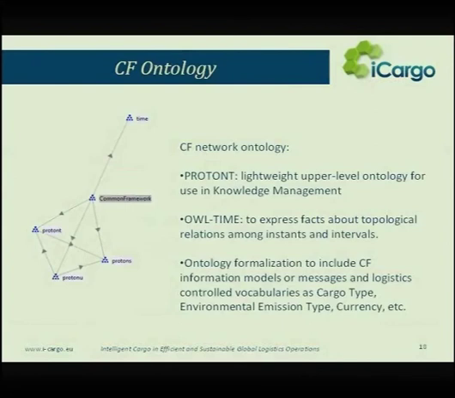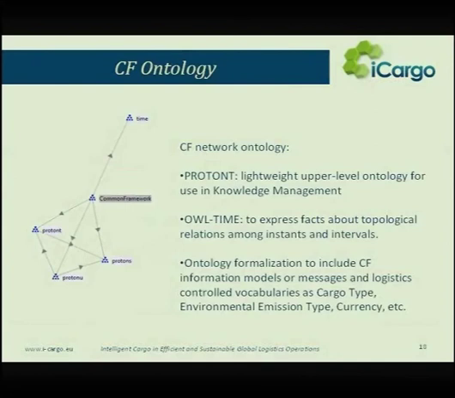So we decided to reuse the PROTON ontology, a lightweight upper level ontology, because it has been used with success in other domains, such as ERP integration and knowledge management processes. We also use the OWL-Time ontology, which is the ontology proposed by the W3C, and it provides a vocabulary for expressing facts about relations among instants and intervals, and also about date and time information.